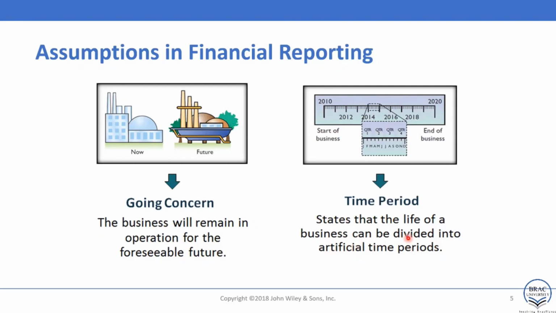So they don't wait for the business to end to prepare their statement. Rather, they divide the life of the business into some small category or a small period. That is known as time period assumption, dividing the life of the business into artificial time periods. We will have detailed discussion on that, so don't worry. With this, we move on from this slide.